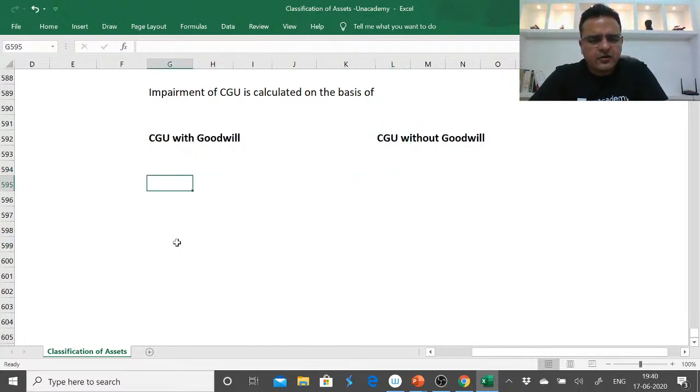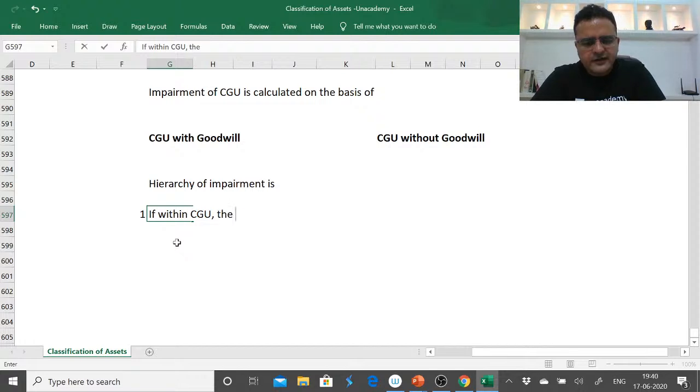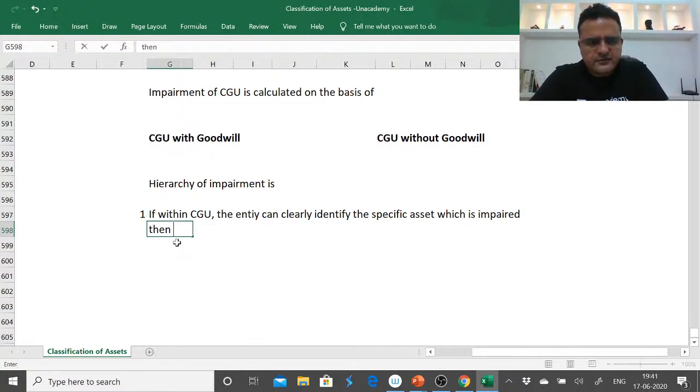So the hierarchy of impairment is: first, if within CGU the entity can clearly identify the specific asset which is impaired, then charge impairment related to it first.